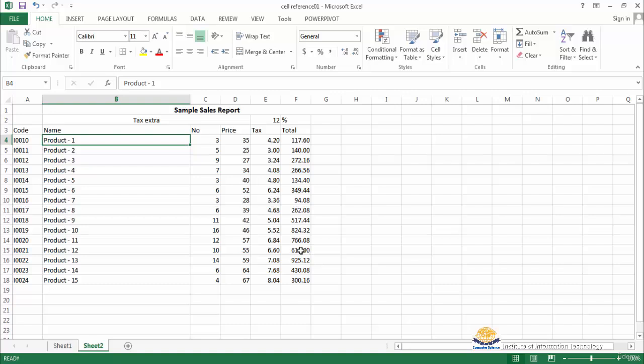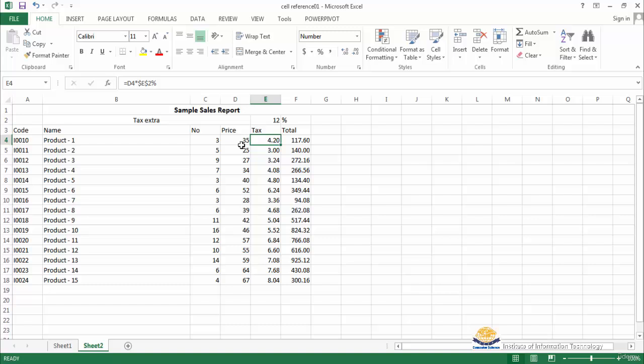Here the absolute reference is given in the tax amount. Just go to that cell. We can see in the formula bar the cell reference given for tax percentage.